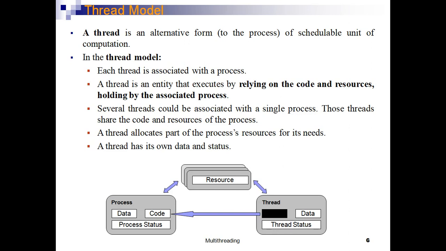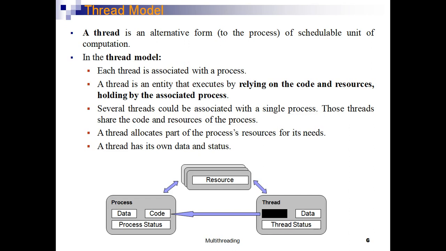At the same time, each electrician has his own experience set and his own skill set. In the same way, a thread has its own data and status. Here, the electrical assistant has his own data, and also status.